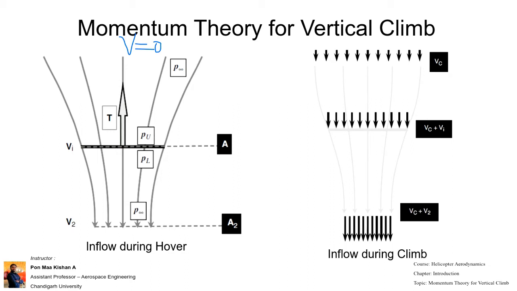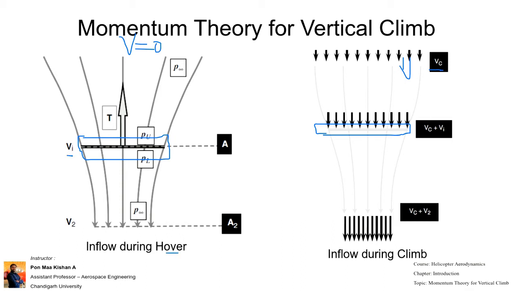In that case, we have to know the velocity which is entering into the stream tube. We are considering this as a stream tube, and this is also a stream tube. The velocity entering is Vc, and at the rotor blades, in the hovering condition we calculate only the induced power.